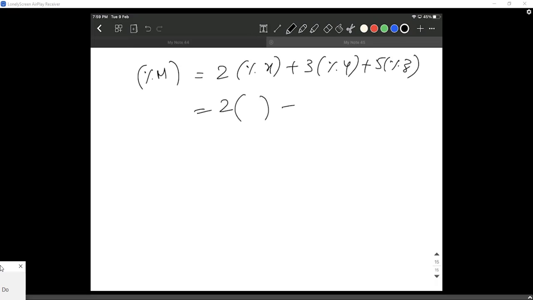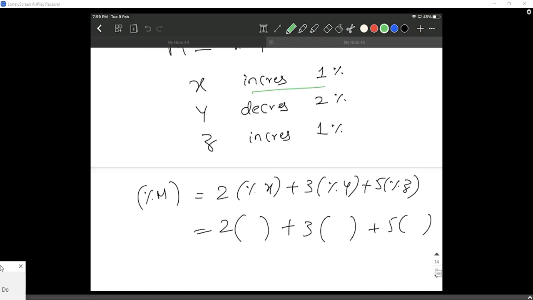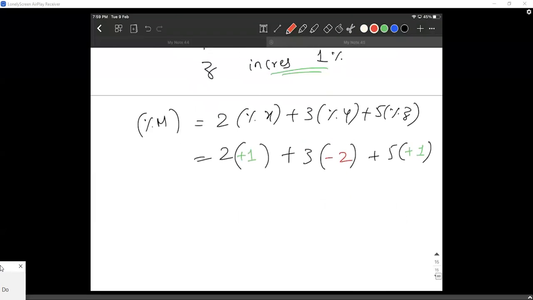These two have increased 1%, 1%, so I'm going to write plus 1 here, plus 1 here. This has decreased, so minus 2. So from that I'll get a final value: 2 plus 5 is 7, minus 6, equals basically 1. So there will be a percentage increment of plus 1%.